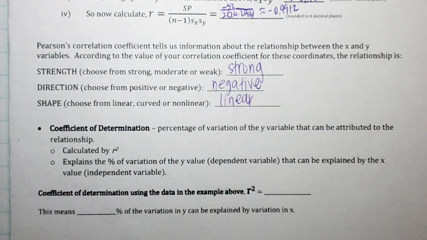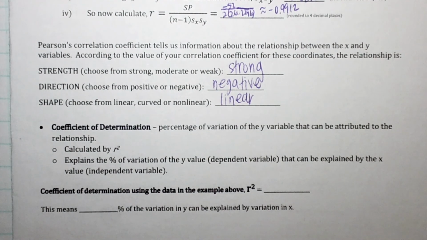And the coefficient of determination is the percentage of variation of the y variable that can be attributed to the relationship. So we use r squared to calculate it. It explains the percentage of the variation of the y value that can be explained by the x value. So the dependent variable based on the independent variable.